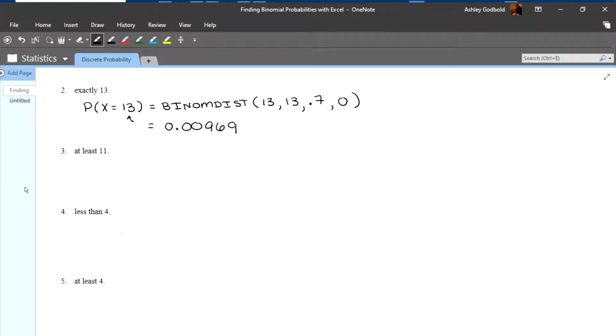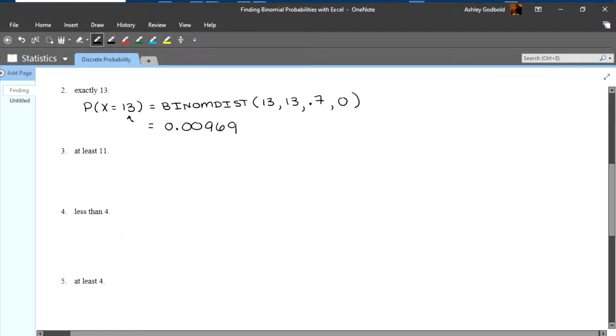The examples we've looked at so far have asked for the probability of an exact amount of successes. What if we want to look for a range of successes? Something like the probability that at least 11 students say they drink alcohol. First, let's look at how we would write that.